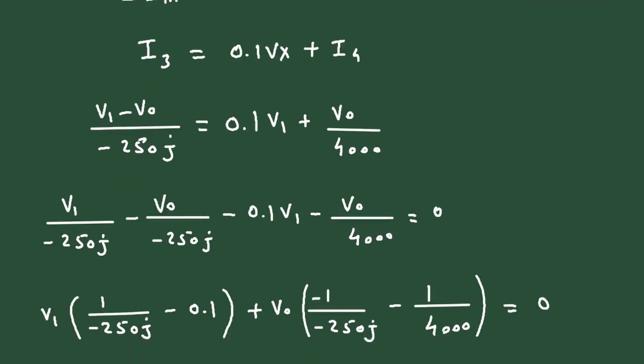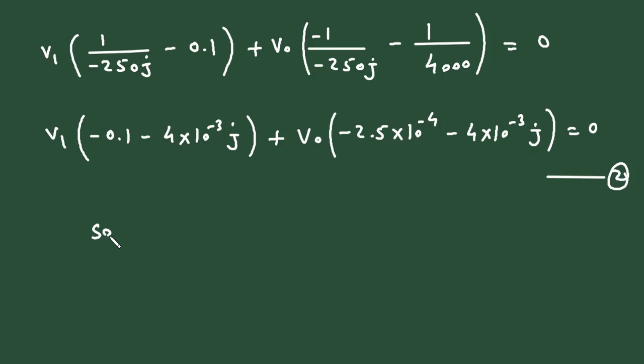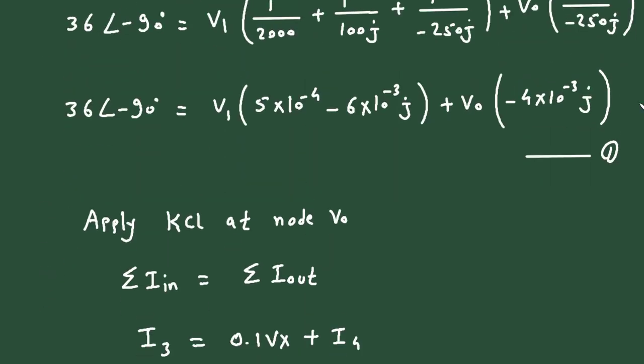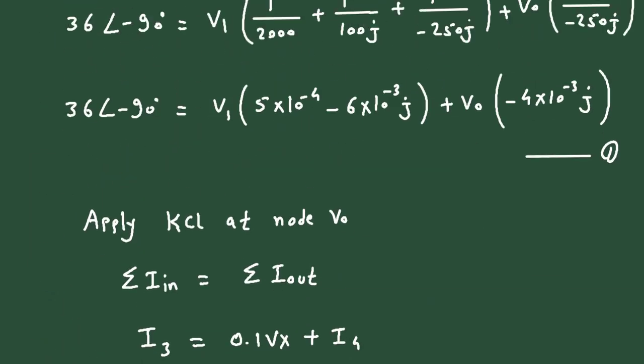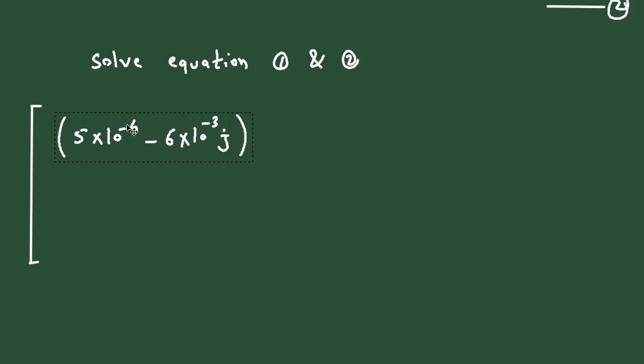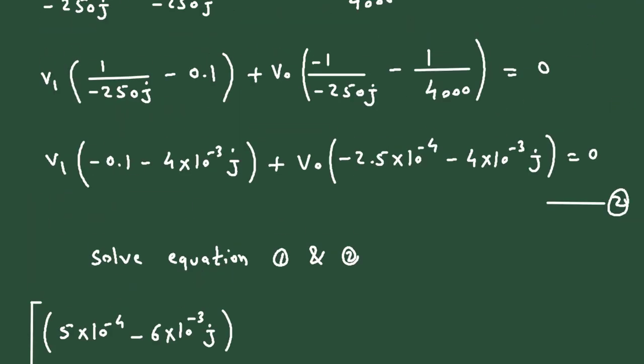Now we will solve this by using matrix method. Solve equation 1 and 2. So here we will put this in matrix form. So from equation number 1, V1 term is this. Then from equation number 2, it is this.